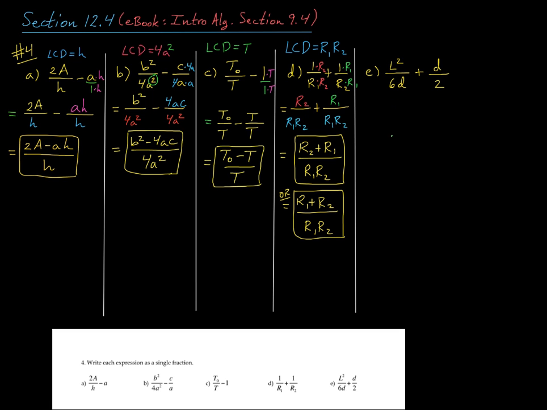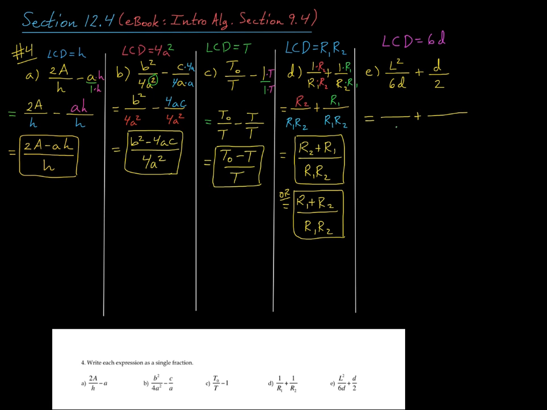Okay, and then on to E, we have L squared over 6D plus D over 2. And so now to build our LCD, well, for the 6 and the 2, I'm going to need a 6, because 6 and 2 both divide into 6 evenly. And then I also have this factor of D. Alright, so then we can write each of these.